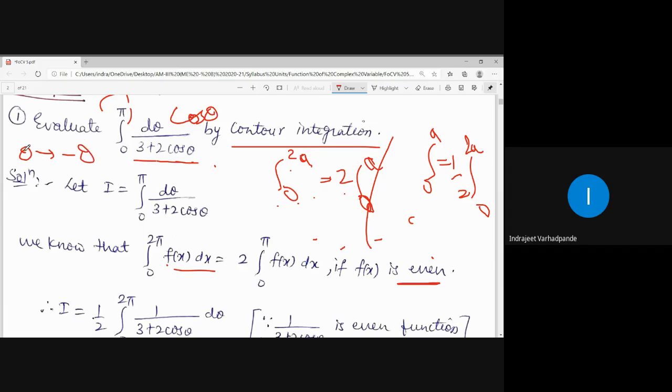If you get the original term, the function is even. If the term is minus times the original function, the function is odd. So in this integrand the constant term 3 is even, cos theta is also even. So as a whole, what kind of function is our integrand? Even. For an even function I can apply this property.